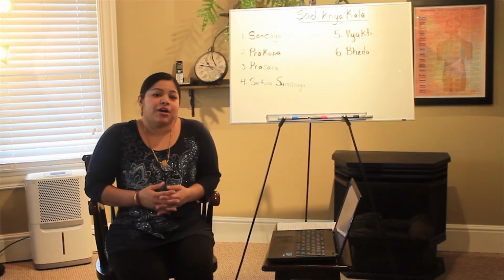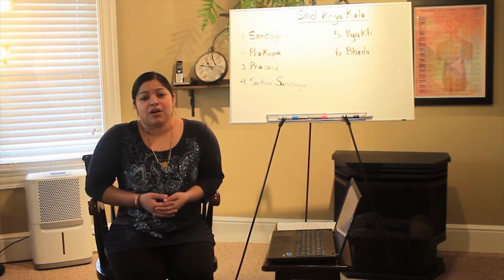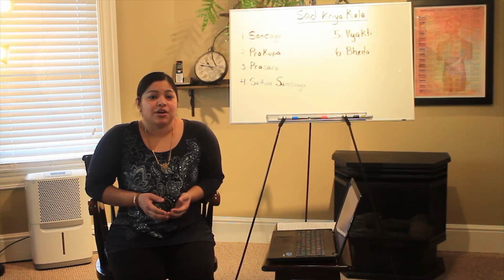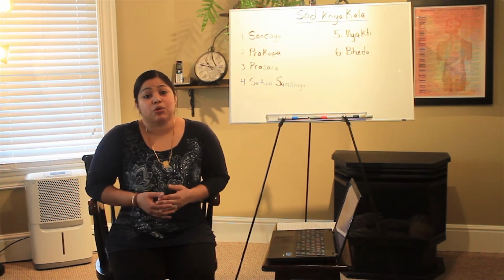So we talked about these different causative factors or these different gunas. When we talk about the change in doshas, there are three factors that we look at. A dosha can either increase or decrease in its quality or guna, in its karma or its action, and also in its quantity or matra. These are the three things that actually change in the dosha when there is a disturbance from its normal state.